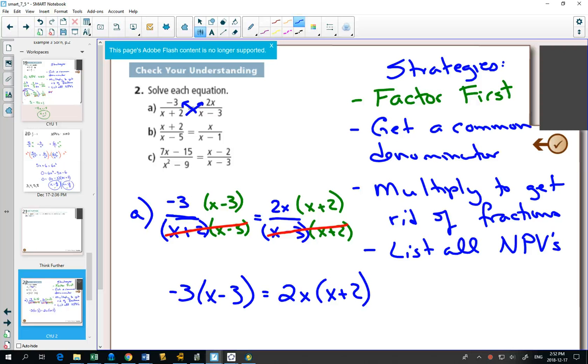We could see that by using the same strategy we've used so far, where we got our common denominator and multiplied to get rid of the fractions. For this case, sometimes you'll hear people talk about, oh, you just need to cross multiply. That's the name of this strategy, where when you have one fraction equal to another fraction, you can multiply across and simplify it.